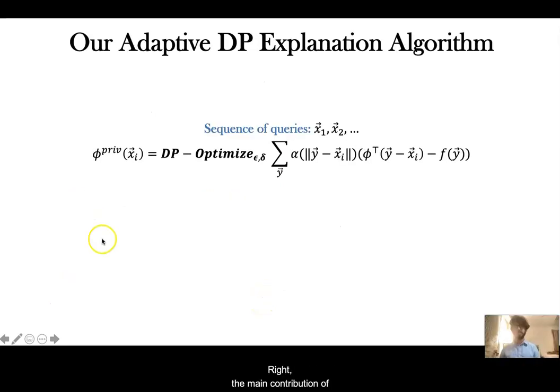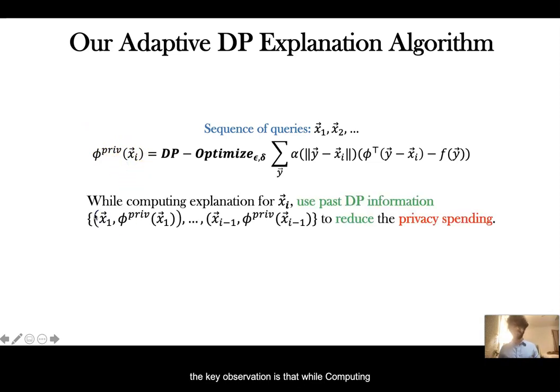The main contribution of this work is our adaptive differentially private explanation algorithm, which solves both the challenges discussed earlier. Given a sequence of explanation queries, our algorithm solves this optimization problem for each query, generating private explanations for the corresponding query.